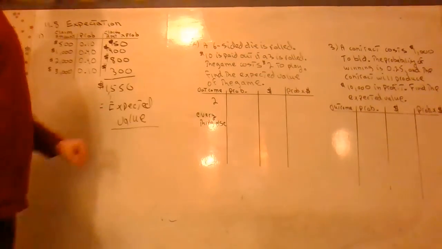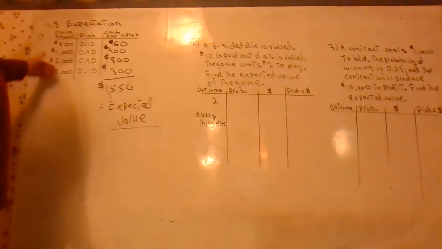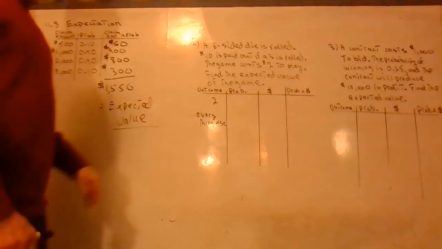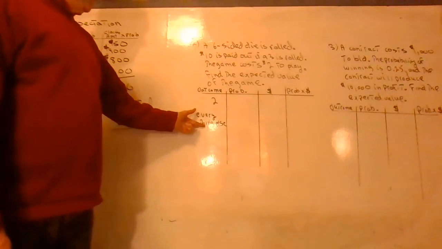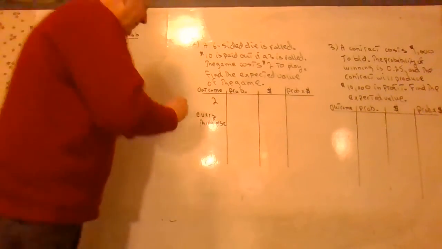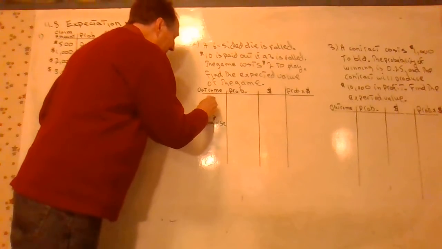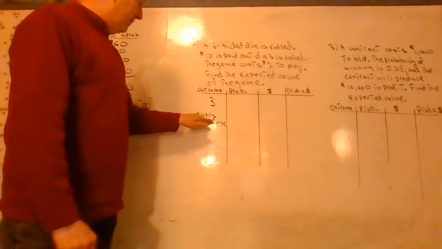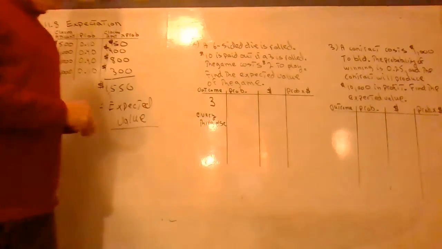There's an extra column here that wasn't in this first problem, but you'll see the math is the same. There's two outcomes, a 3 rolled and everything else. I could list 1, 2, 4, 5, 6, but everything else suffices.